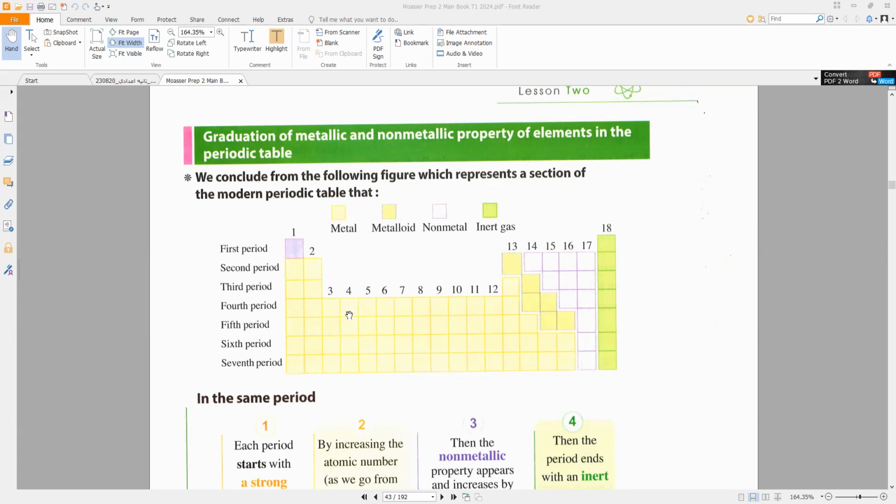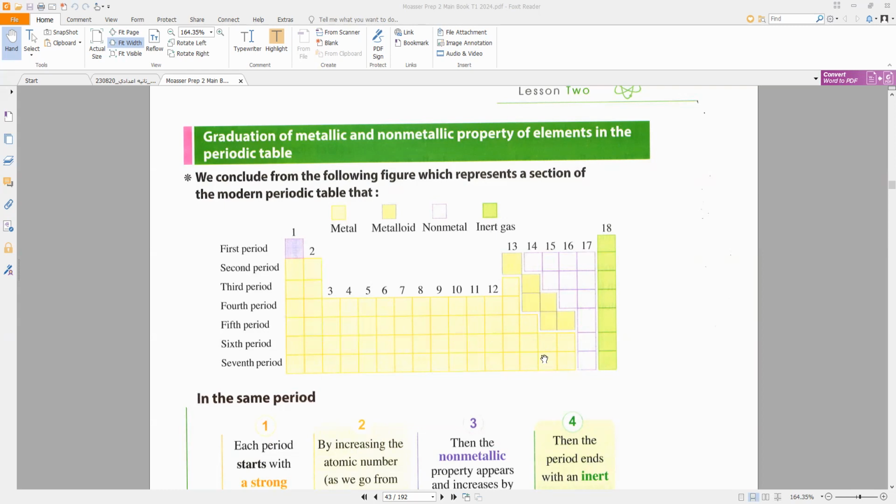As we see, the table is divided into four types of element according to the electronic structure, the outermost electron, and the physical properties. The four types are metal, metalloids, non-metal, and inert gas.